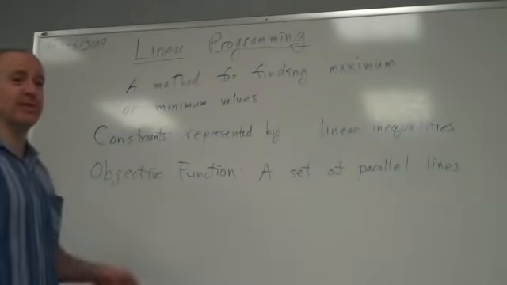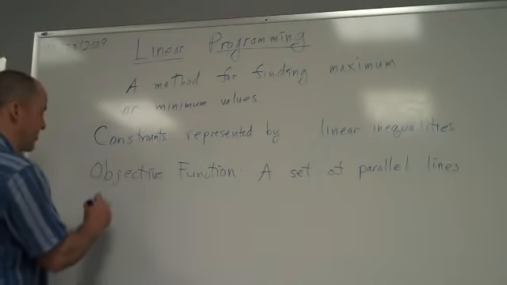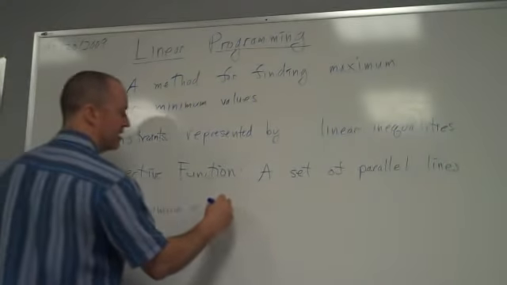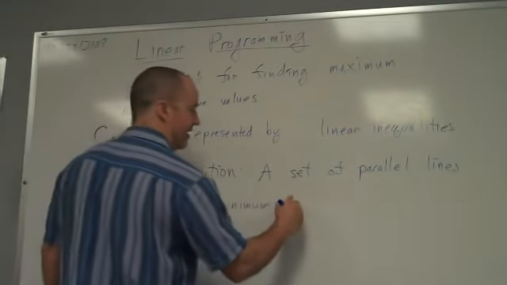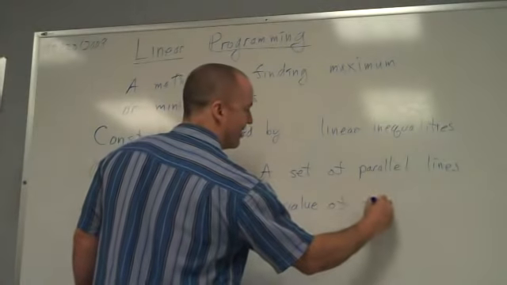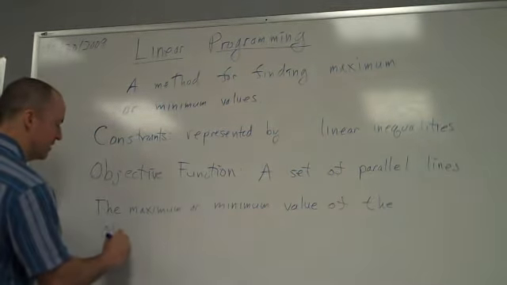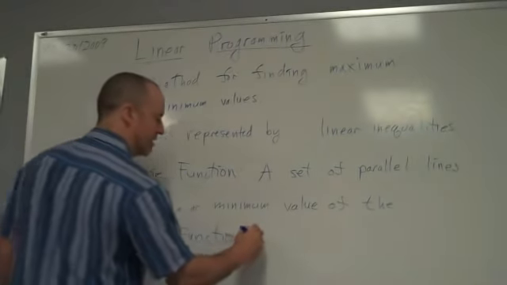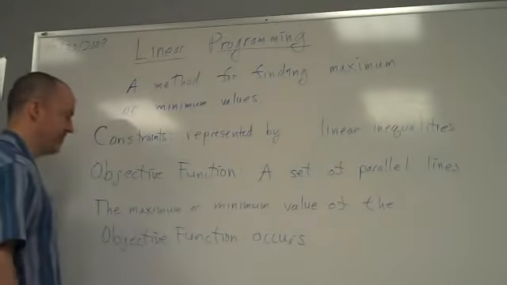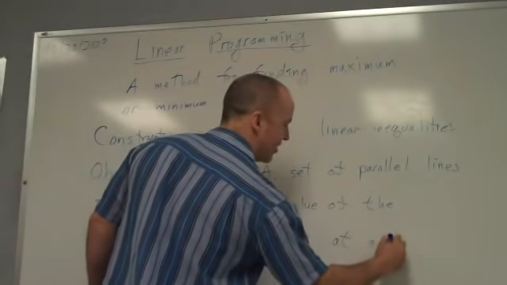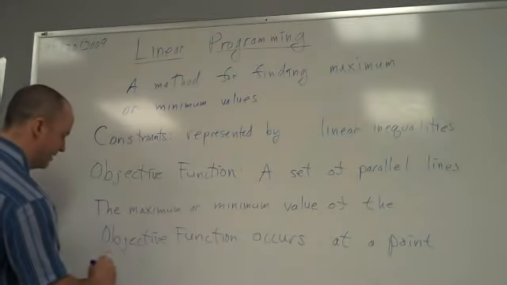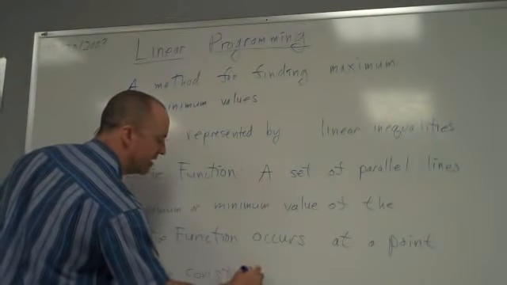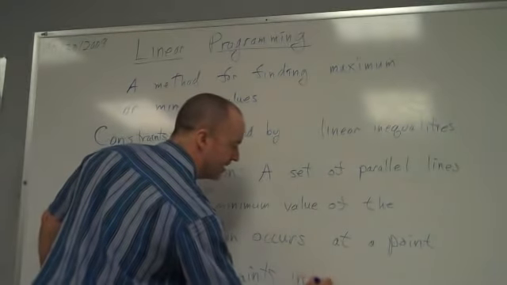And the rule, this rule probably will not make much sense yet, but the rule is: the maximum or minimum value of the objective function occurs at a point where the constraints intersect.